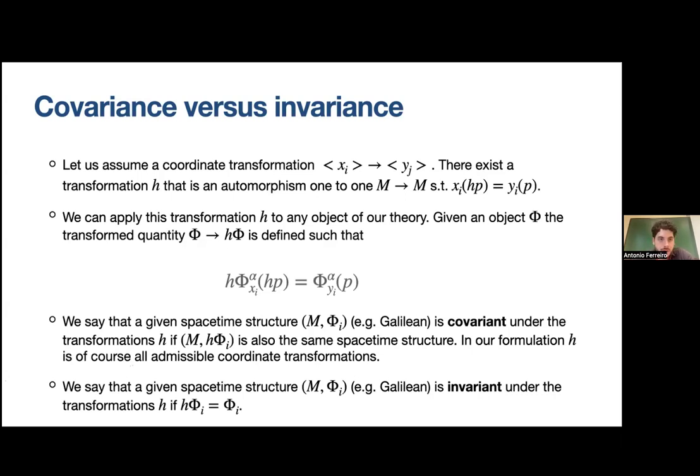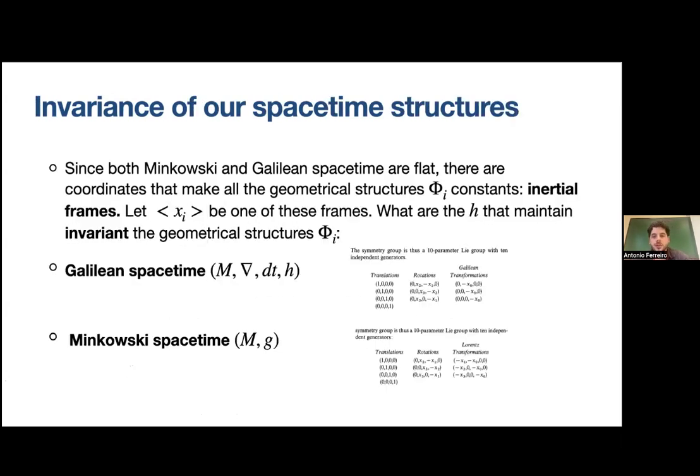Okay, so with that, I also briefly explained that both our Galilean spacetime and Minkowski spacetime, even though we formulated them in a coordinate-independent way, have something special: since both of them are flat, and we showed that the notion of flatness means that there exist some coordinates that allow us to define the different geometrical structures in a preferred way.